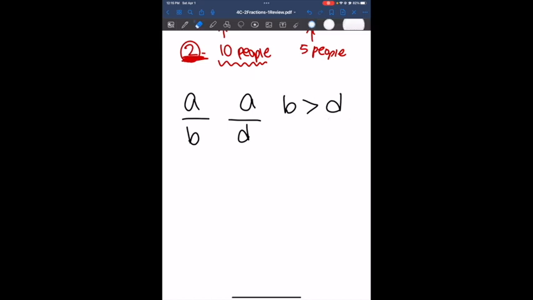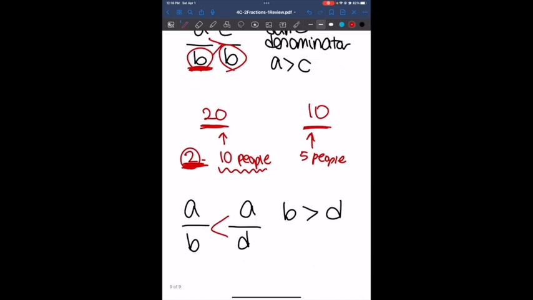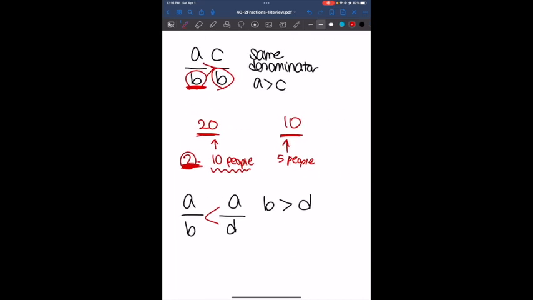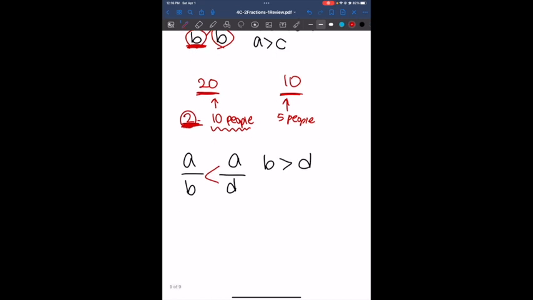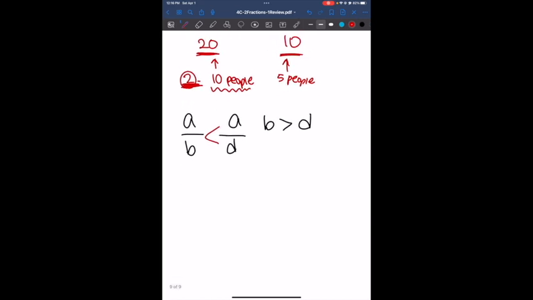D is the smaller denominator, so the fraction A over D is going to be larger. So it's the opposite of the example above. When the numerator is different and the denominator is the same, the larger numerator is larger. But when the denominator is different and the numerator is the same, the smaller denominator is larger.